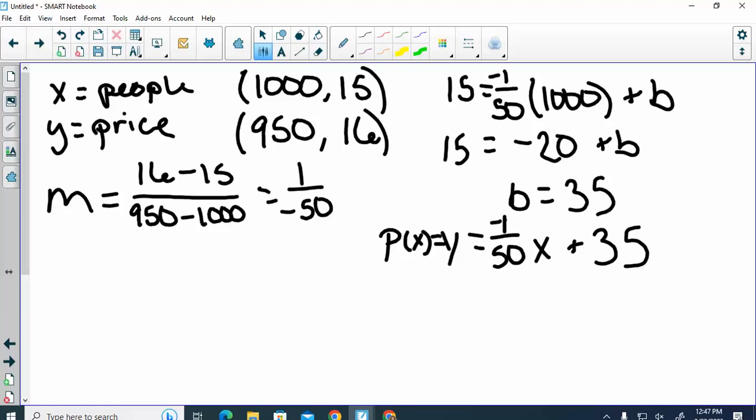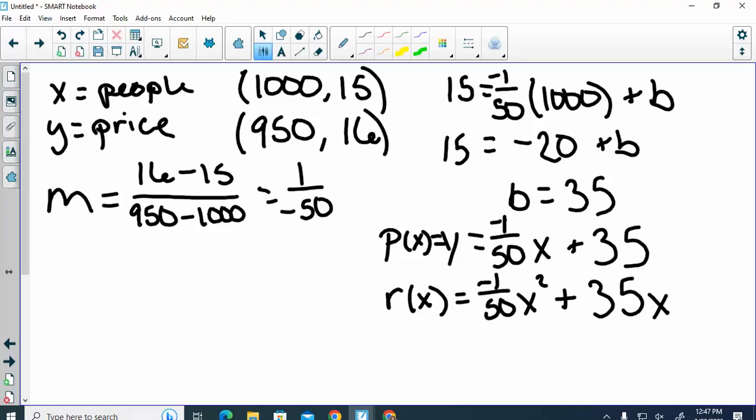And then how do we get revenue if we have a price? Times it by x. Right. The revenue equation is price times quantity. That's the amount of money we bring in. And then that's what we want to maximize.